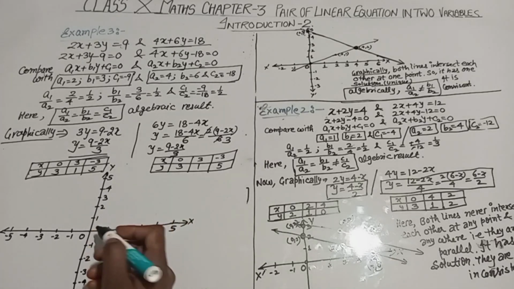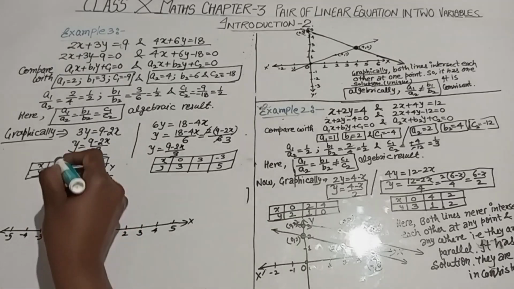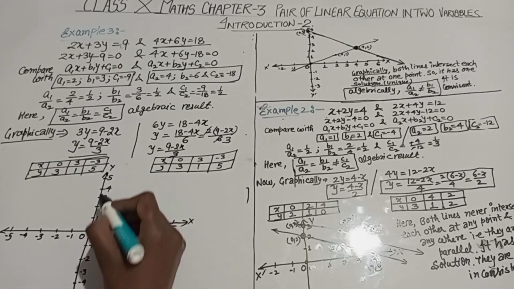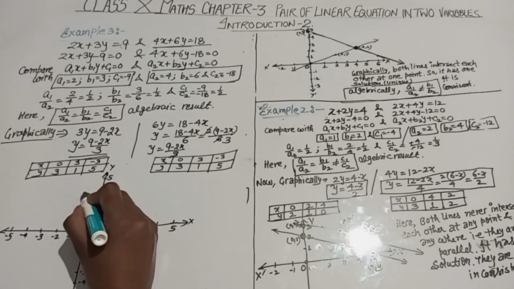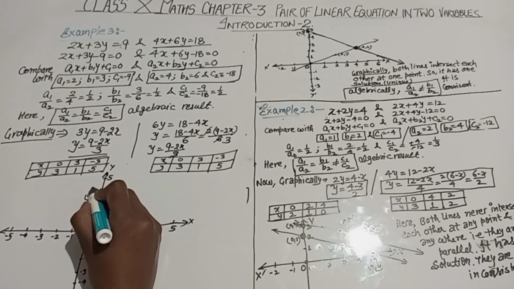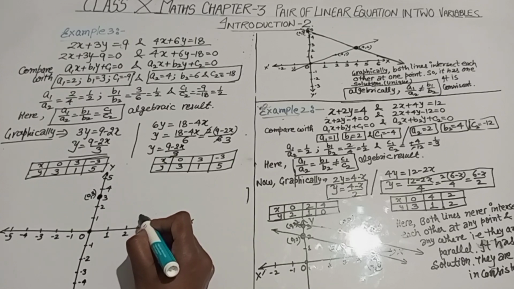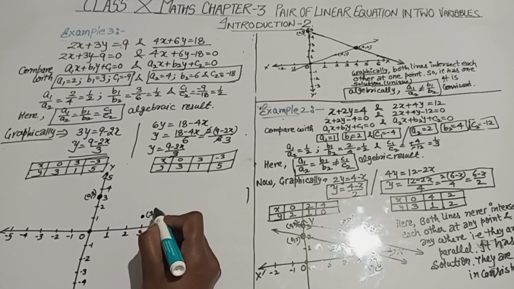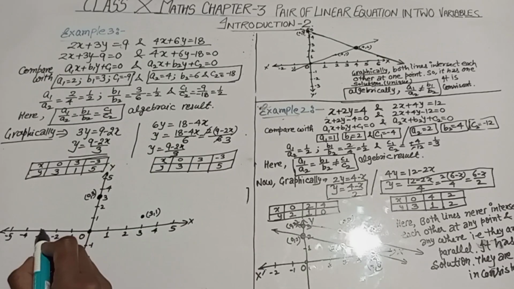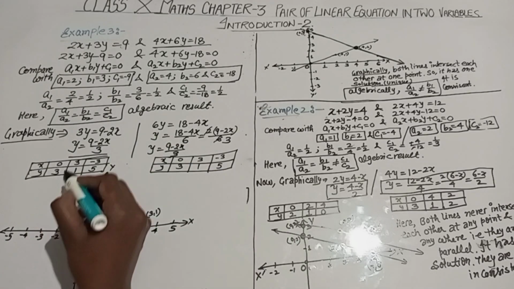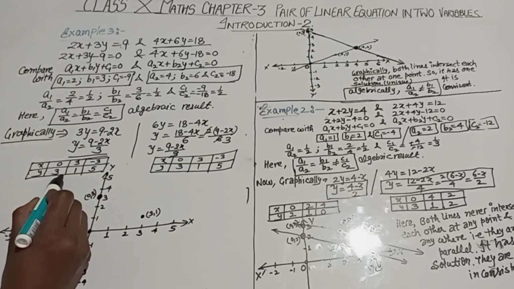Let's do here. This is 0. So 0, 3. Here is a 0 and here is a 3. Then 3, 1. 3 is here and 1 is here. Then minus 3 and 5. So minus 3 and 5 here.